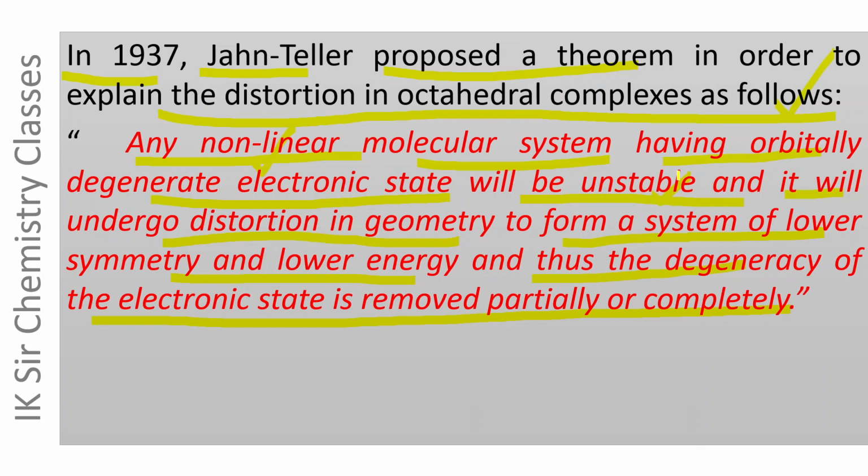Such a system will undergo distortion in geometry in such a way that the symmetry and energy of the system becomes lower, and as a result the degeneracy of electronic state may be removed partially or completely.